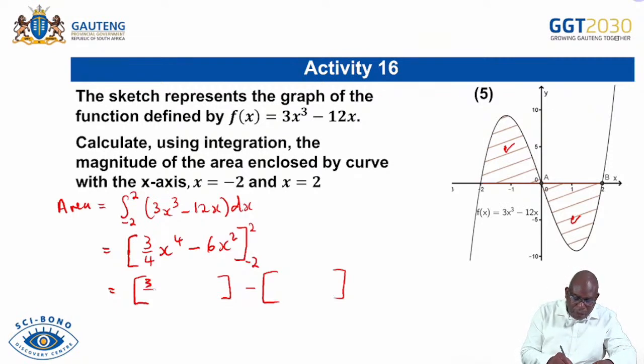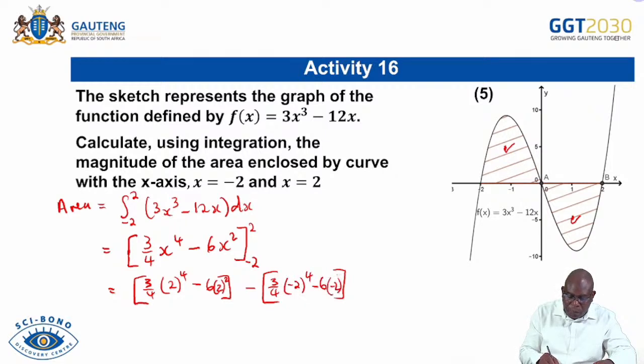It's 3 over 4 times 2 to the power 4, minus 6 times 2 squared. That side will be 3 over 4 times minus 2 to the power of 4, minus 6 times minus 2 to the power of 2. Now I take out my calculator and calculate this.